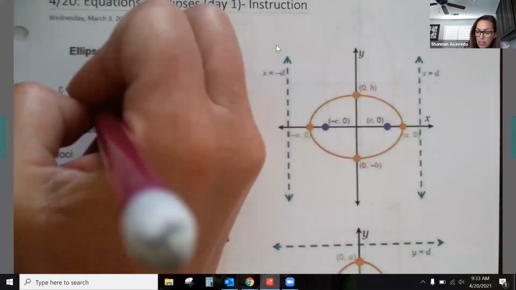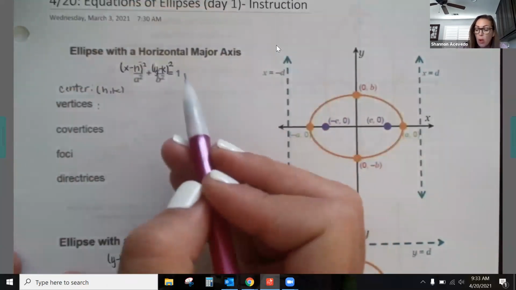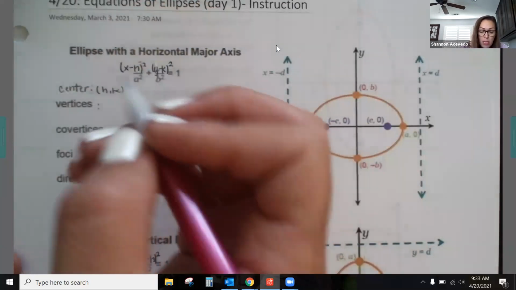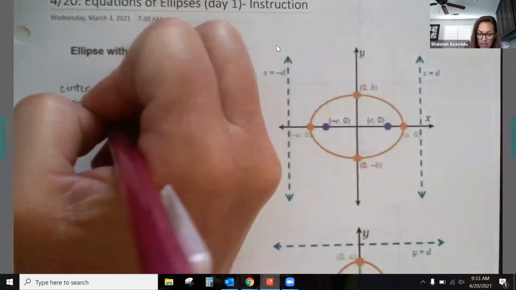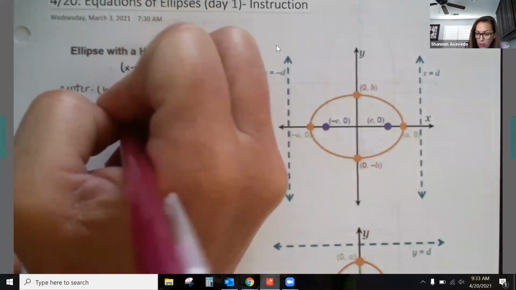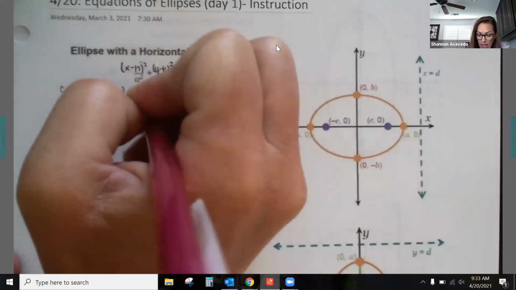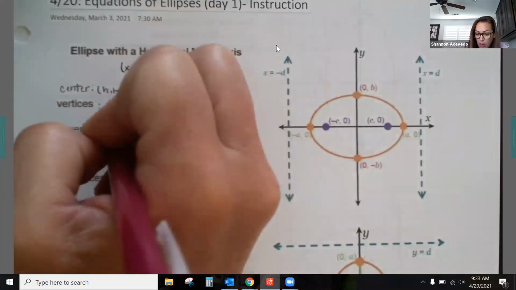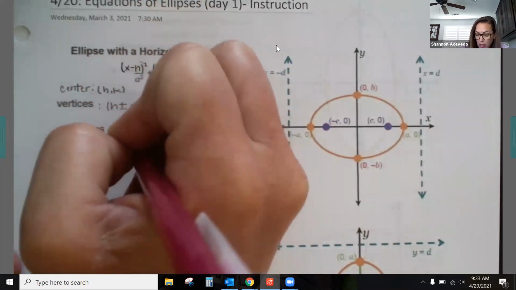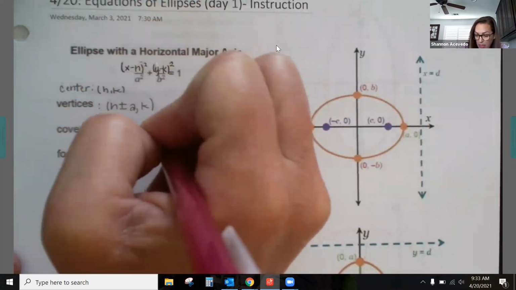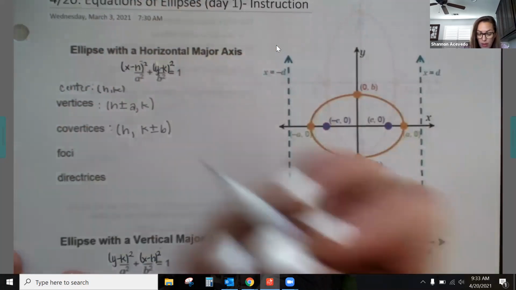For my vertices, if it's a horizontal ellipse, then it's going to have vertices at H plus or minus A, K. Co-vertices are going to be at H, K plus or minus B, and I'm going to talk about all of these values.